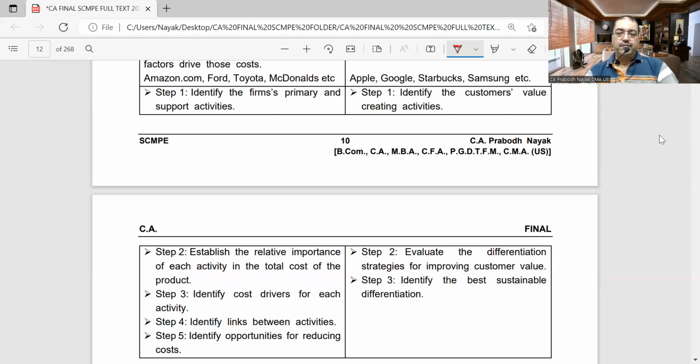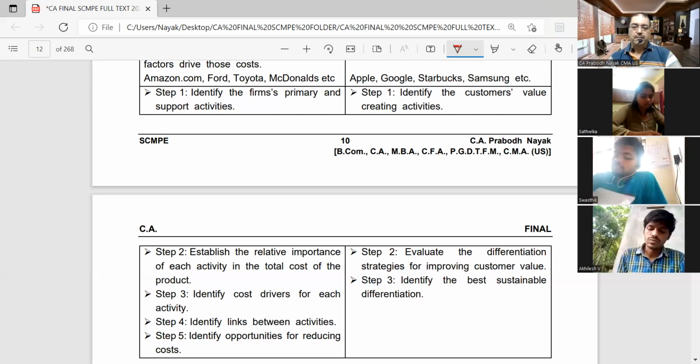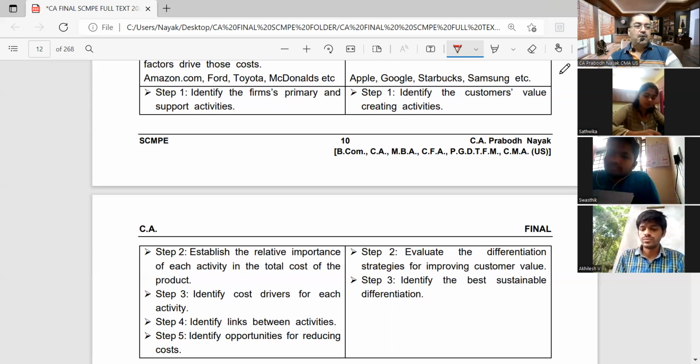Step number 5. Identify opportunities to reduce cost. Below that, right?